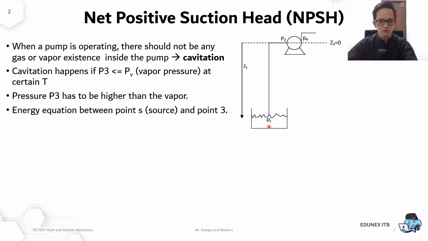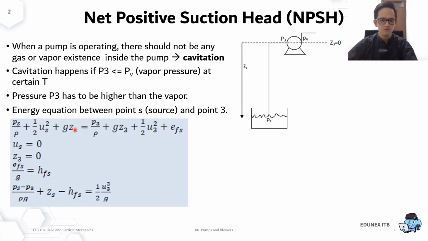So to calculate the net positive suction head, it can be calculated that at P3 it has to be higher than vapor pressure. So the energy calculation derived from the Bernoulli equation can be made comparing S, or the source, with 3, the suction point of the pump.